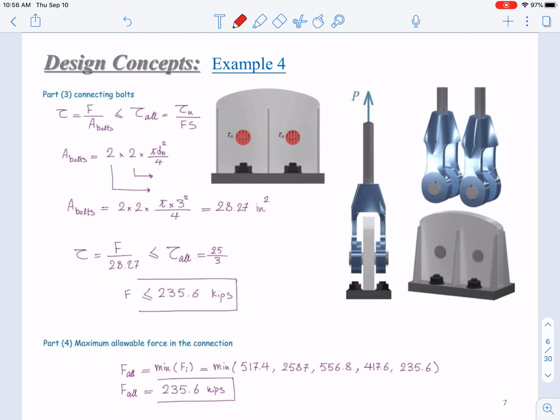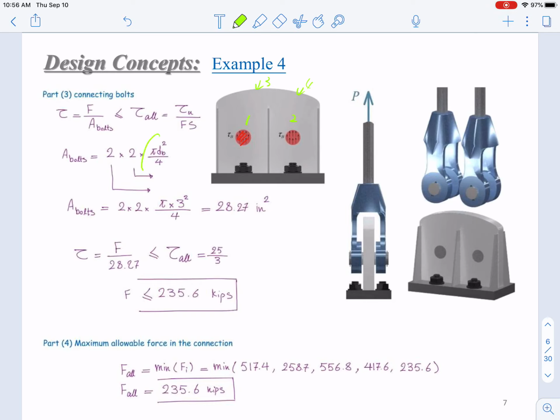Okay, then in part 3, we're analyzing the bolts. The bolts, as we said, only carry shear. So we have the cross-section area. This is one circle, 2 circles, and on the back side 3, 4. So you have 4 times 1 cross-section area.